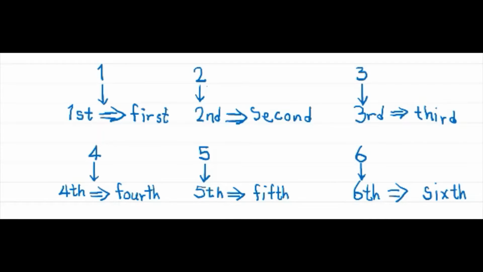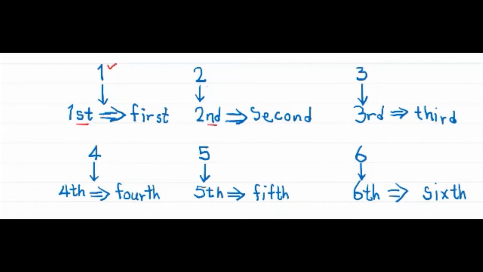So we read this as 1, right? Being the first number, we call it first, writing it with ST. And the second number is second. We write it with ND, and we read it as second.